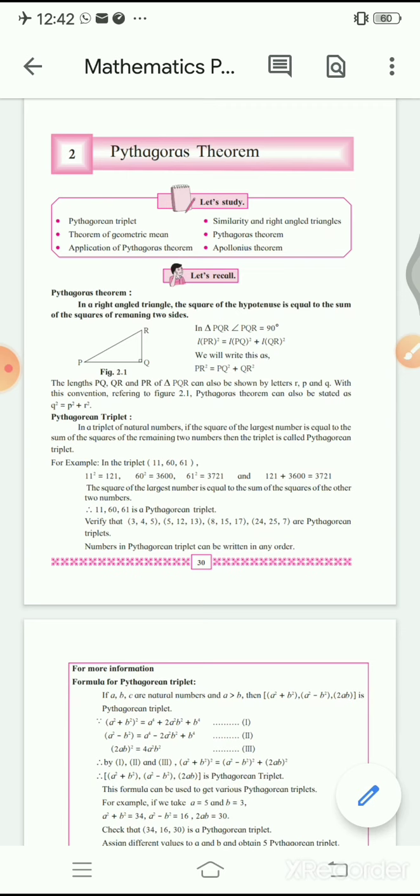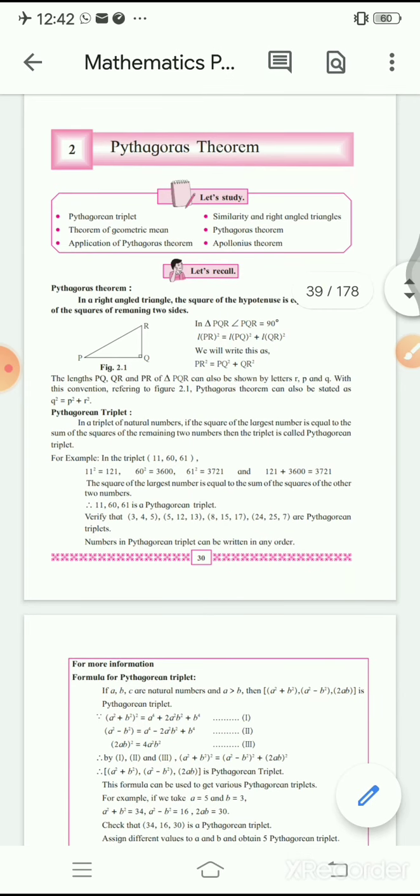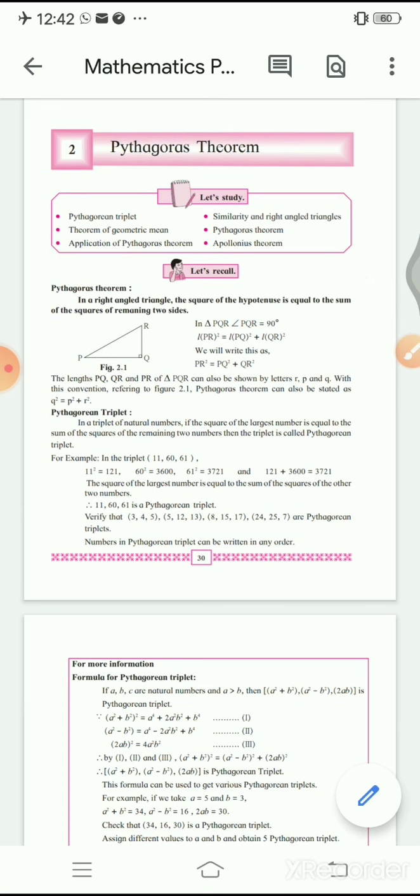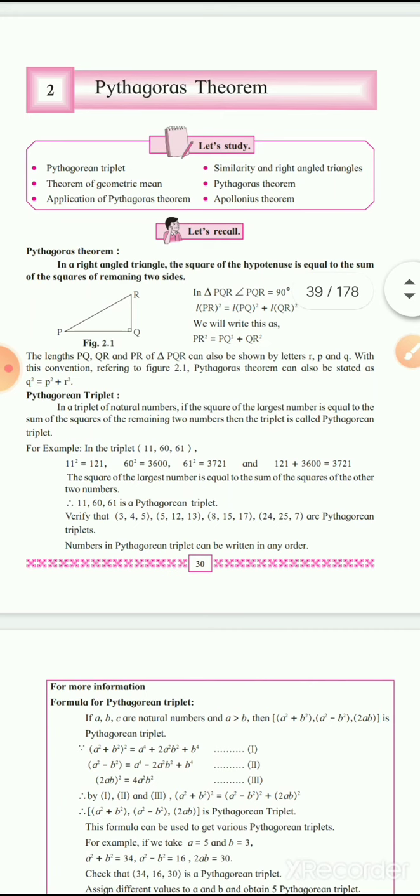In a right angled triangle, the square of the hypotenuse is equal to the sum of the squares of remaining two sides. What is the theorem? Pythagoras theorem.